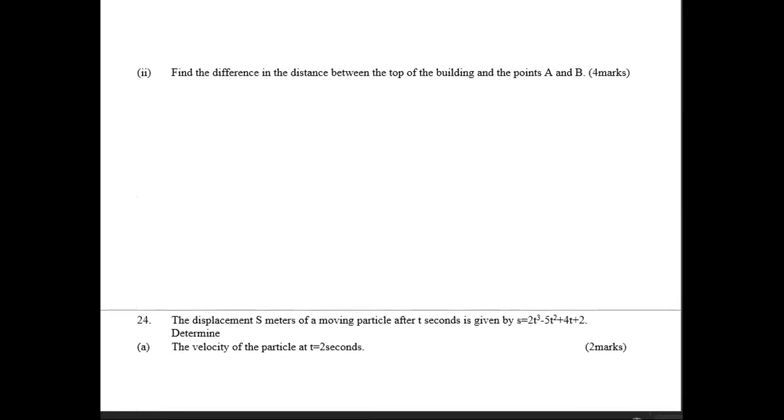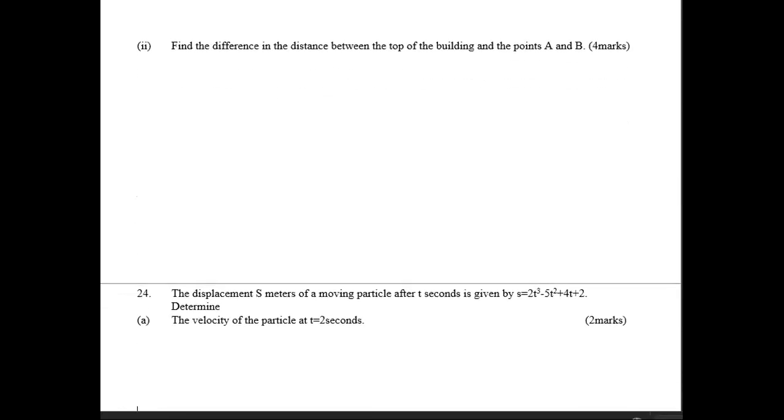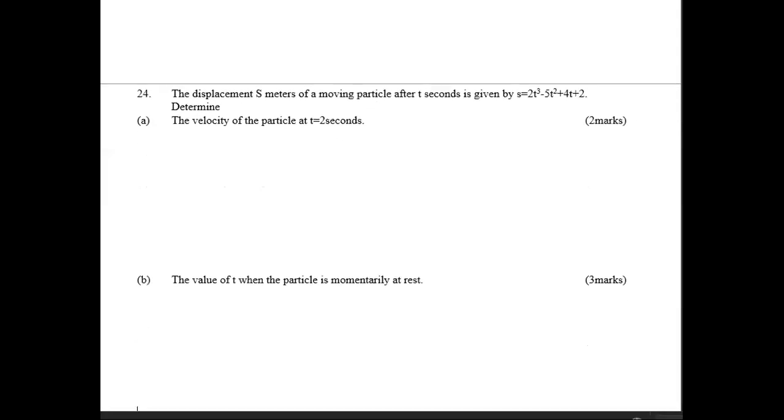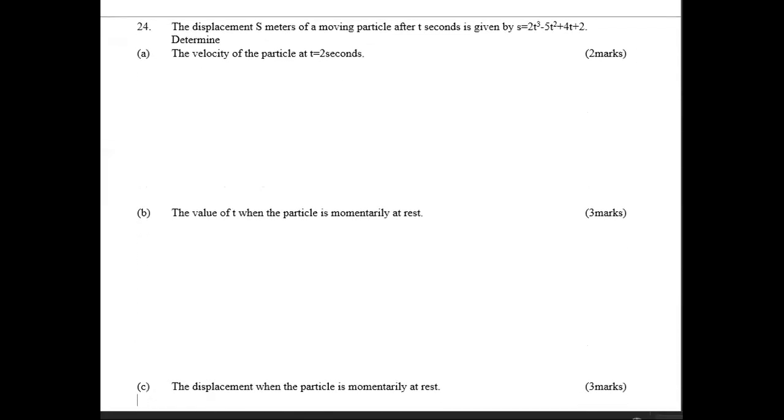Go down a bit. I want the distance, the difference in distance between. Not that direction, the other direction, please. There. Find the difference in the distance between the top of the building and the points A and B.